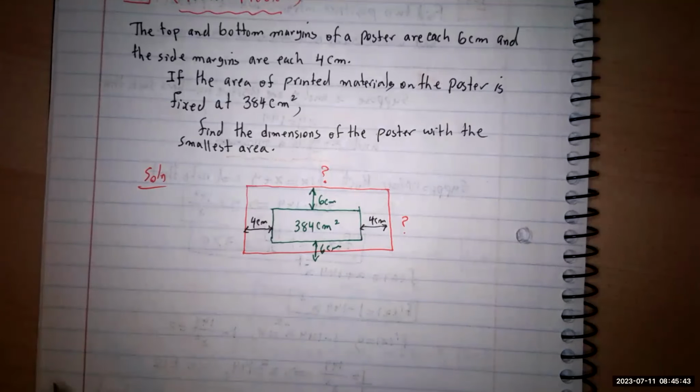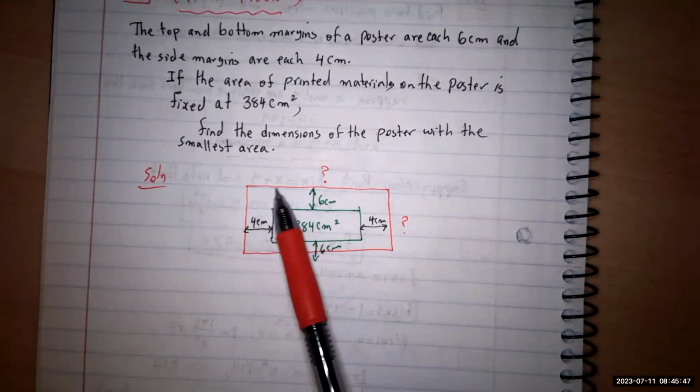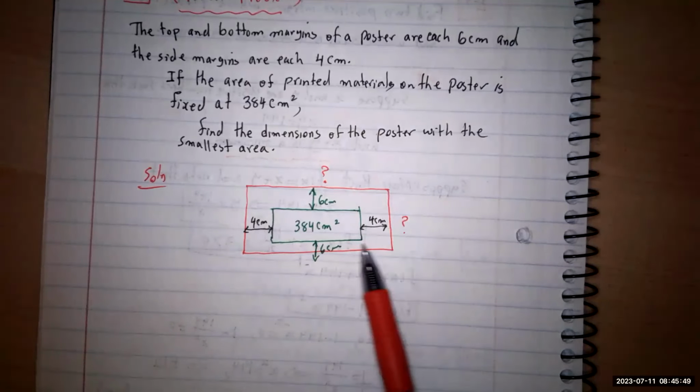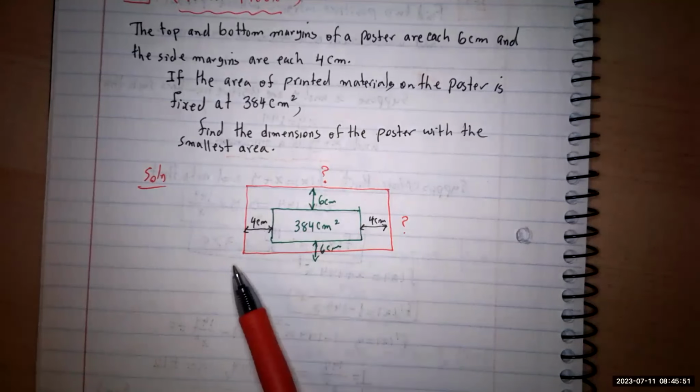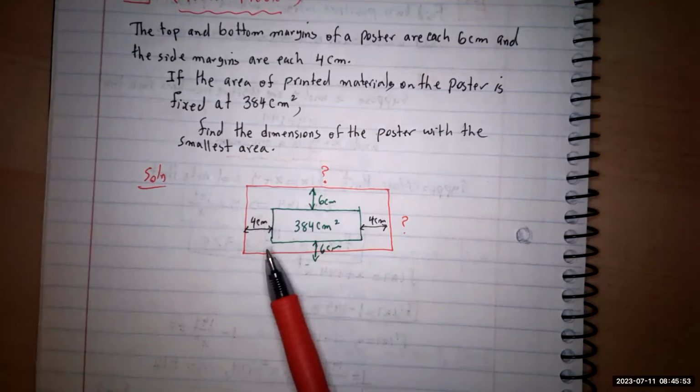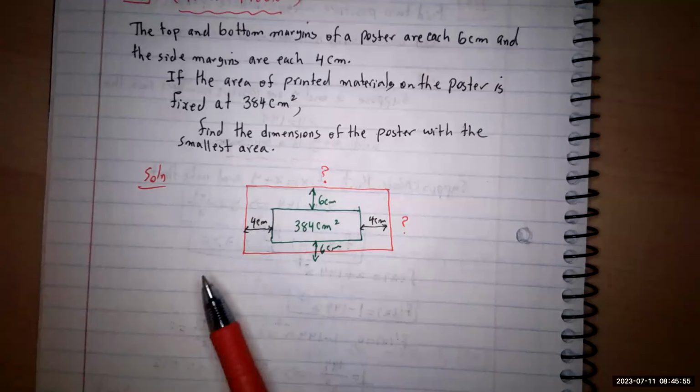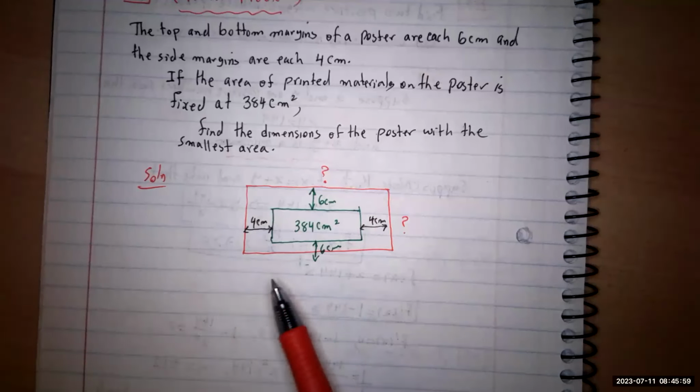But remember, you have to connect these symbols. The area is X times Y, but you have to use only one variable. So you should have a relationship between X and Y that enables you to find Y.